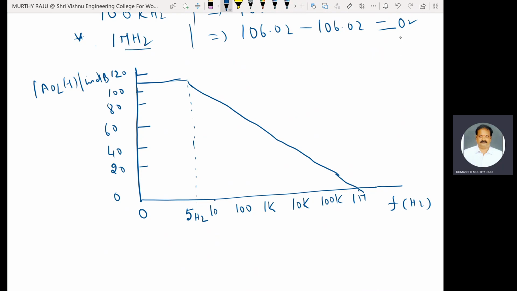At 1 megahertz, the gain is 0. The open loop gain at 0 Hz is constant up to 5 Hz. After 5 Hz, the gain rolls off due to capacitive effects.